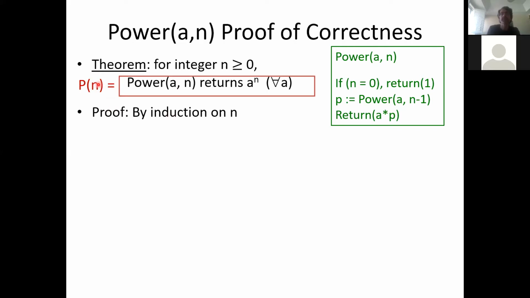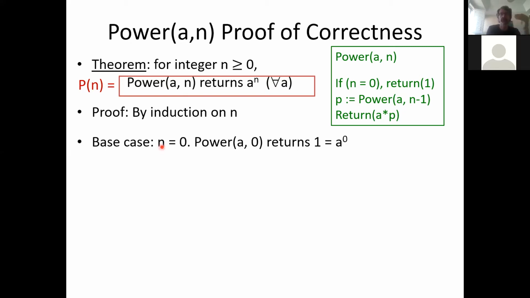So what's the predicate? The predicate as a function of n is that this algorithm returns the correct value when it's called on input n. And a doesn't matter, it's a constant. So the predicate says it's true for every a. That's the predicate we're going to prove by induction on n.